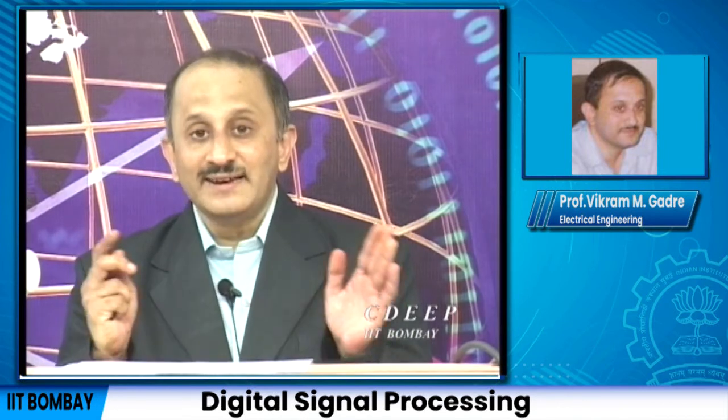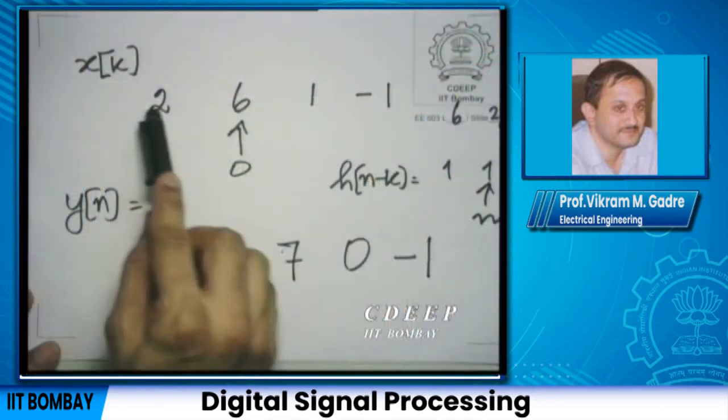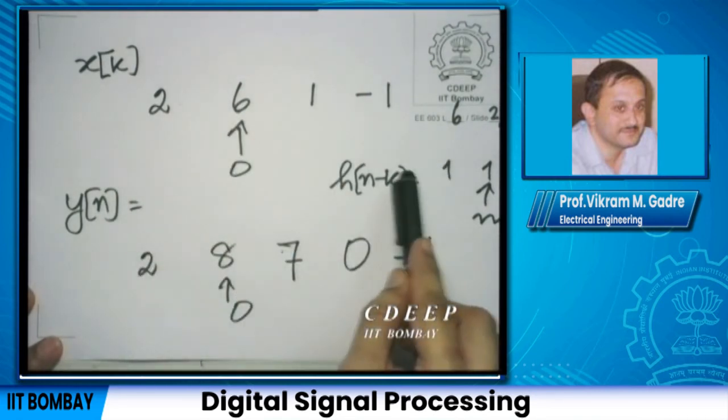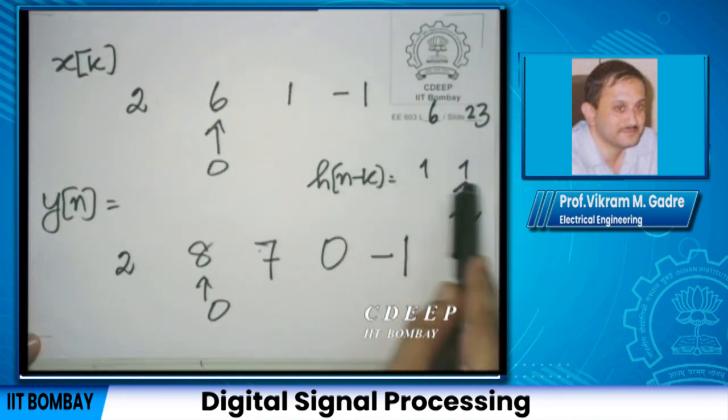Now, it is convenient to give another mnemonic to this operation, and that mnemonic is to think of one sequence as being static and the other sequence as being dynamic here.